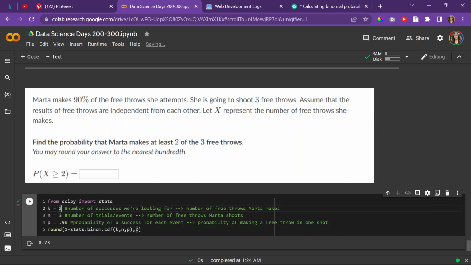Then you would do 1 minus that, and N is 3, and P is 0.90. So I'm not understanding. What's the issue?